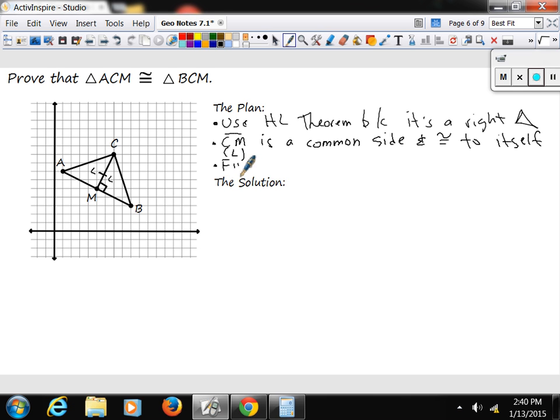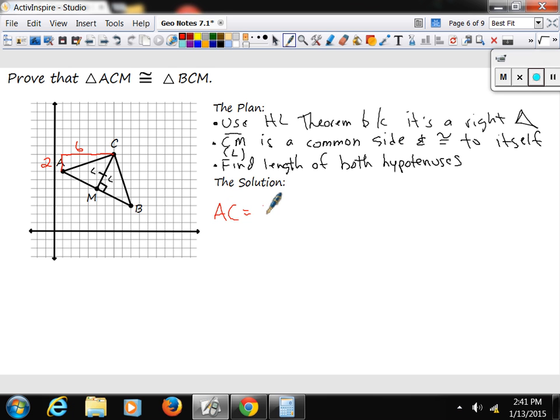So find length of both hypotenuses. All right, so let's use the right triangle to do it. Okay, so on this from A up to C, I would go up 2 over 1, 2, 3, 4, 5, 6. Up 2 and over 6.